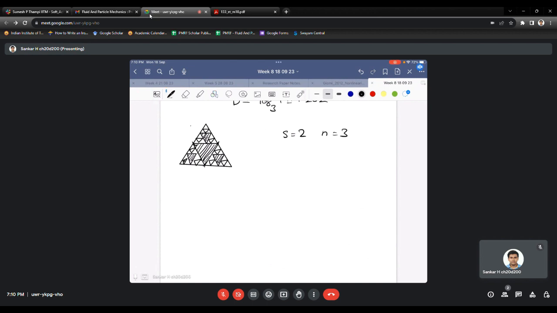All these pieces will be removed. So every time I do this, the dimensionality that I get out of this is log 3 to the base 2, which comes out to be 1.585.